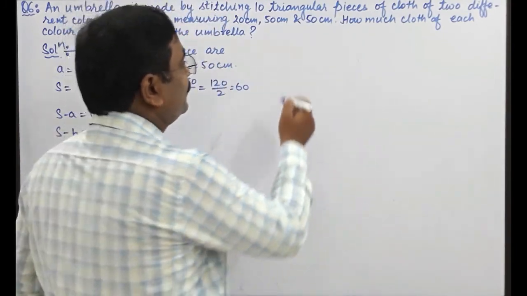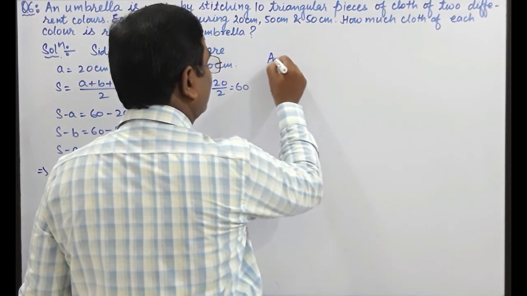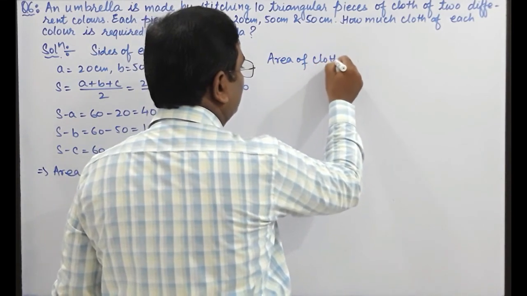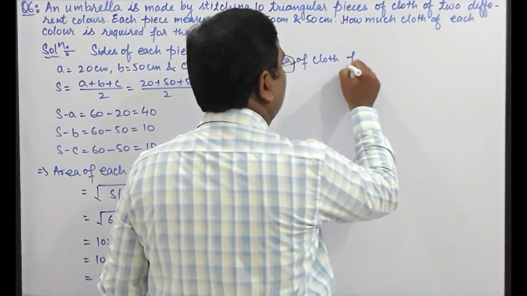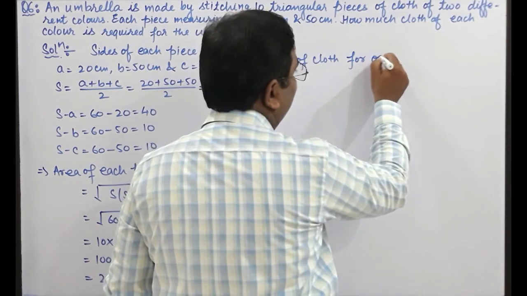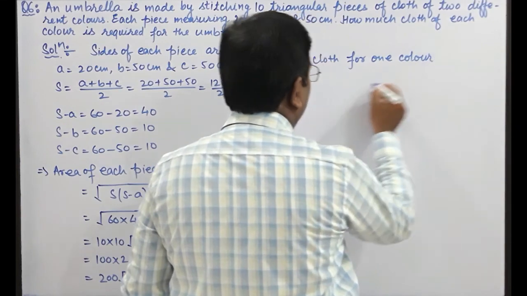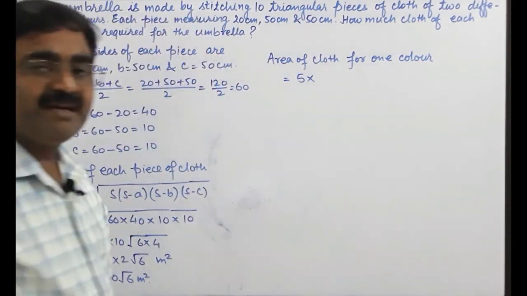So the area of cloth for one color is equal to 5. Why have we taken 5?